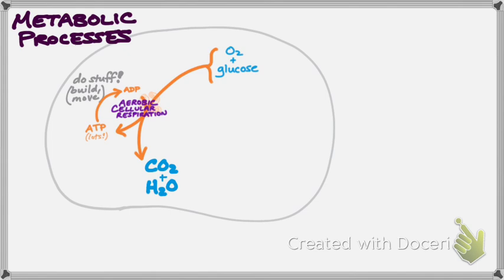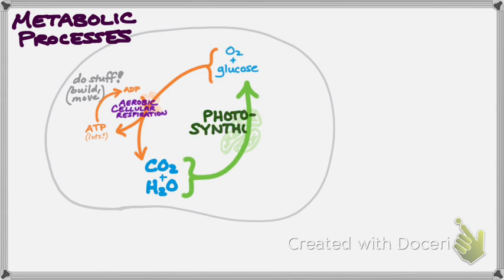Okay. Now, if this is a leaf cell in a plant, things get significantly more complicated. Photosynthetic organisms, the majority of them, have organelles called chloroplasts. And chloroplasts, as you know, do a process called photosynthesis. The purpose of photosynthesis is to build sugar, specifically that one up there called glucose.